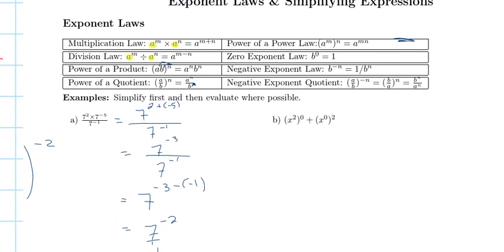So that means I have to multiply my exponents. So 2 times 0 is 0, so this is x to the power of 0. Plus, how about this one? x to the power of, what's 0 times 2? 0. Anything to the power of 0 is? 1. So that's 1 plus 1, which is?